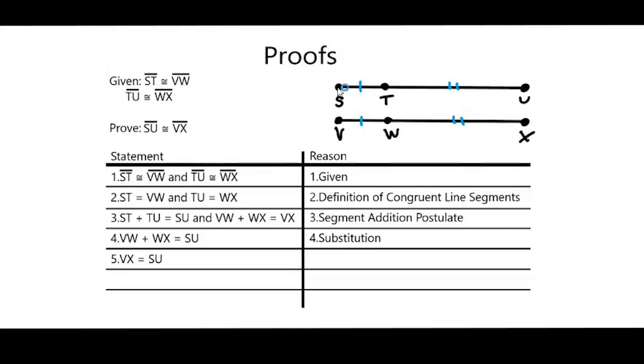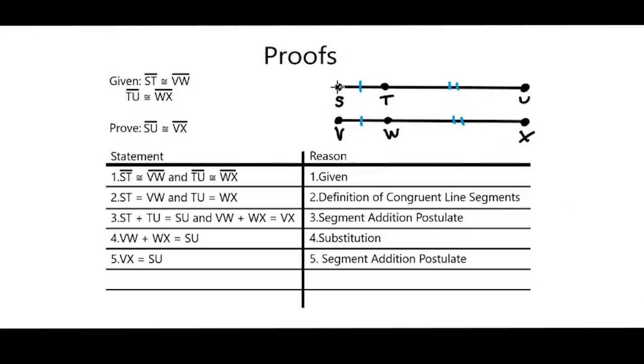Next, I know that VW plus WX equals VX. So I can drop that down in for statement 5 as VX equals SU. And the reason for that is the segment addition postulate. Now I know that the measure of VX equals the measure of SU.